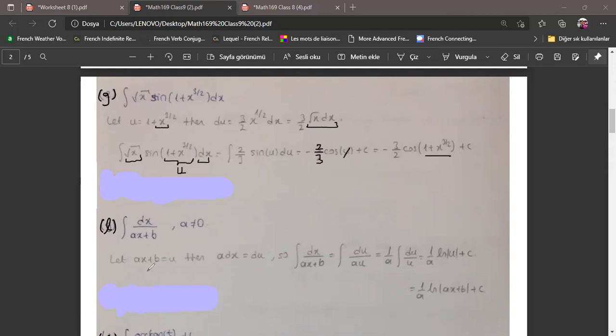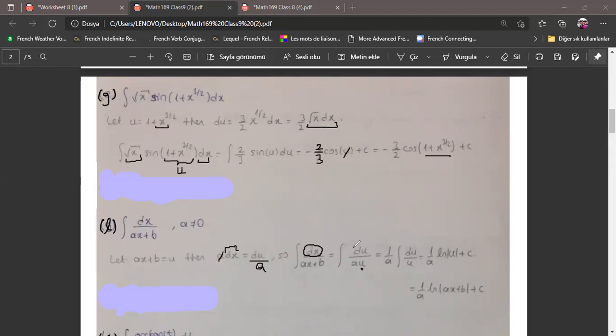Okay. Now for that, we substitute this one, u equals ax plus b, and differentiate it and get a dx is equal to du, right? So a is not 0, so we have this equality, right? Now, instead of this denominator, ax plus b, we have u, right? And you see dx is equal to du over a, right?